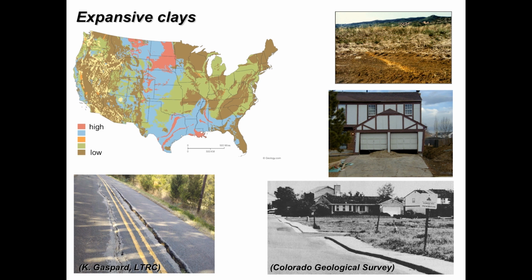And so you can see these major deposits of what is essentially pure smectitic clays up in the Dakotas, Wyoming area, some deposits in Texas, Louisiana, and so these are areas where there's been significant damage to engineering infrastructure that's founded on these materials.